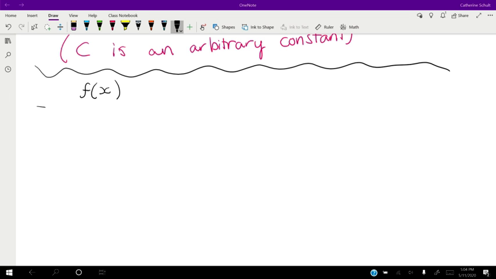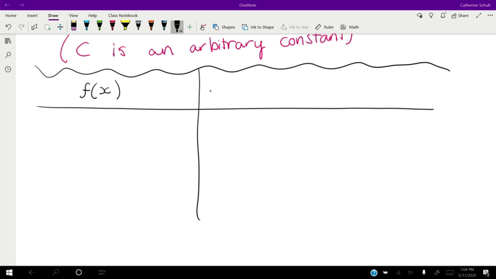So we have a column for f of x, and then we'll also look at the antiderivative, capital F. Okay, so we've already done one, the power rule, x to the n.